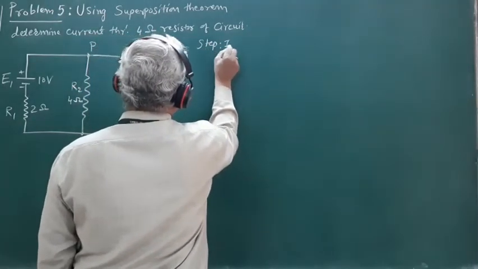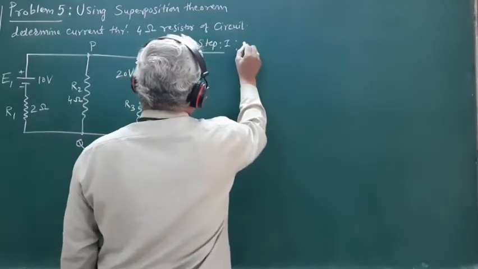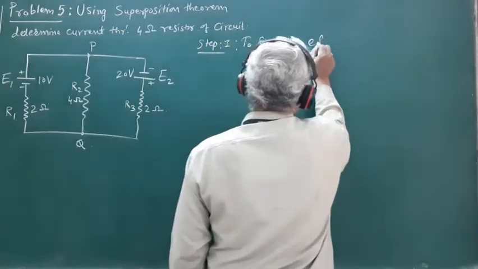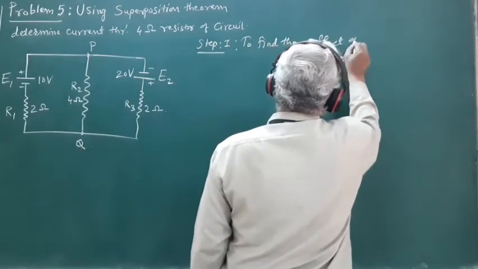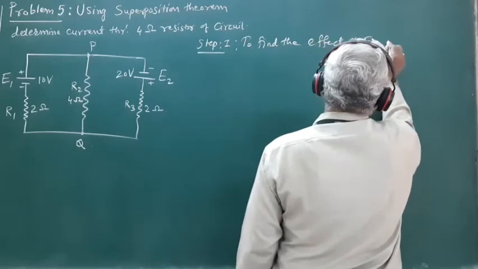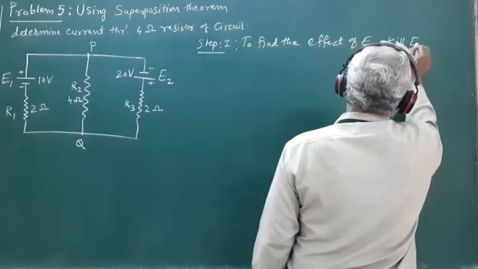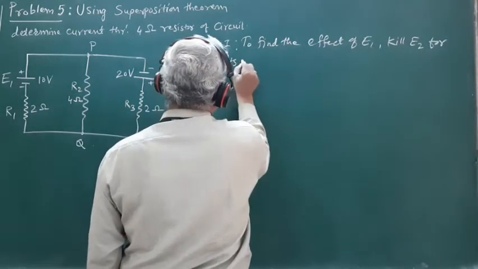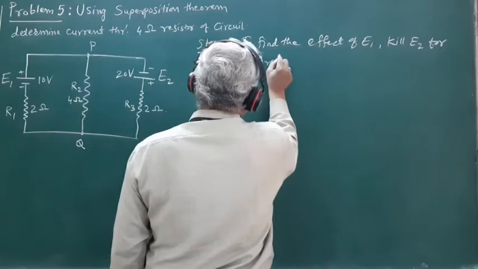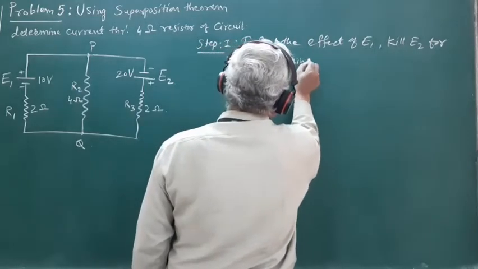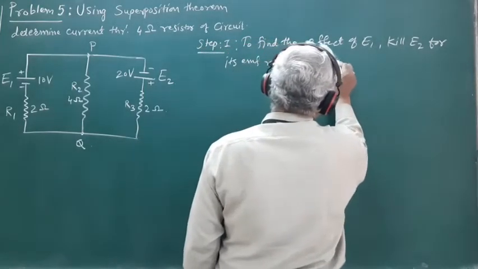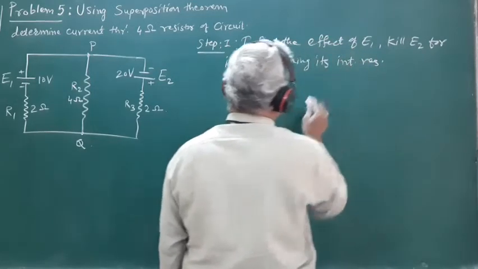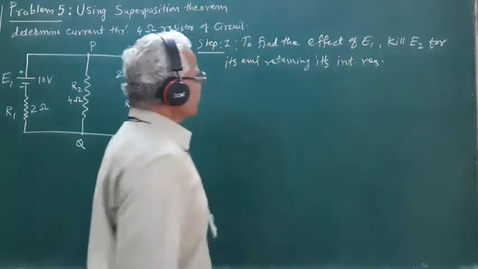Step 1. To find the effect of E1, kill E2 for its EMF, retaining its internal resistance in the circuit.